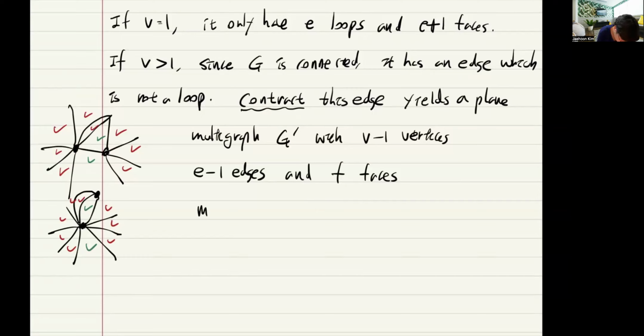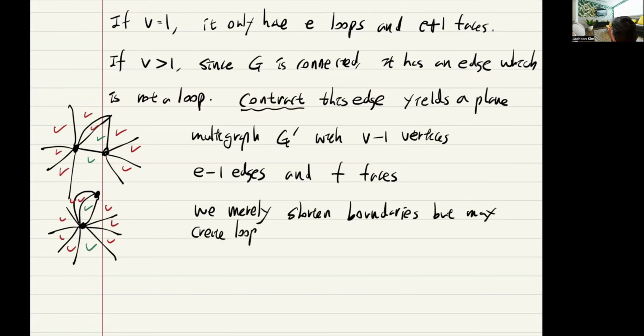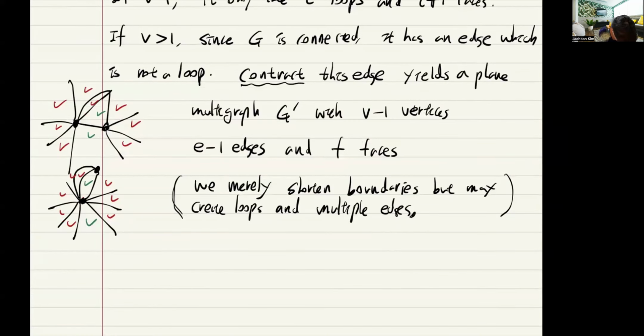We merely shorten the boundary, but it may create loops and multiple edges. Maybe let me put this in parentheses because it's not really relevant here.